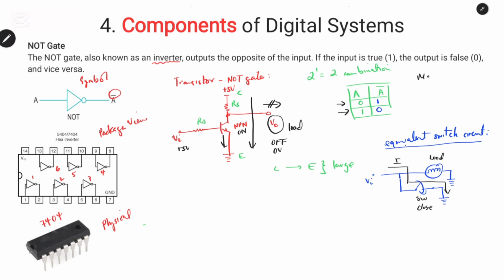Therefore, the mathematical equation is Vout equals A inverted. And in terms of application, where can we use this NOT gate, or where is it applicable? Let me give a different example.